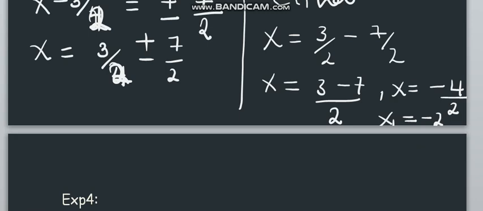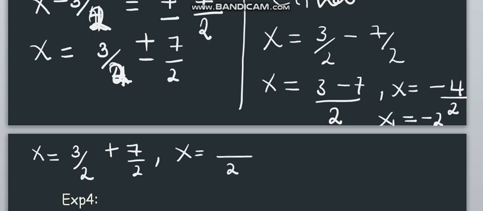Also, x will be equal to, remember for the first position we took a negative, now we are going to take a positive. So it is 3 out of 2 plus 7 out of 2. Now our LCM will be 2.